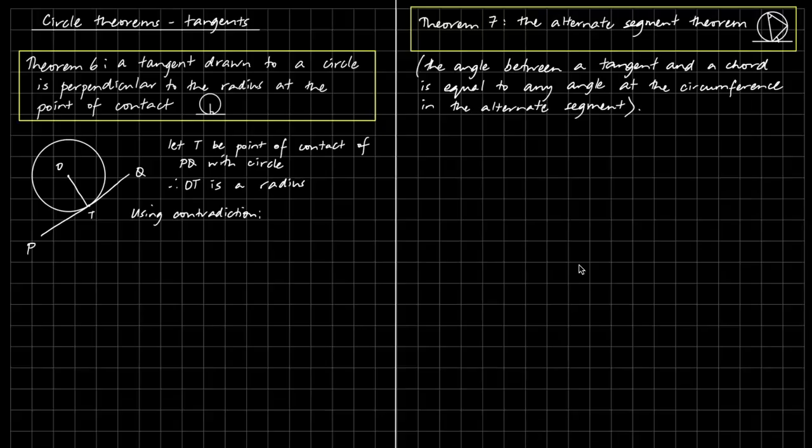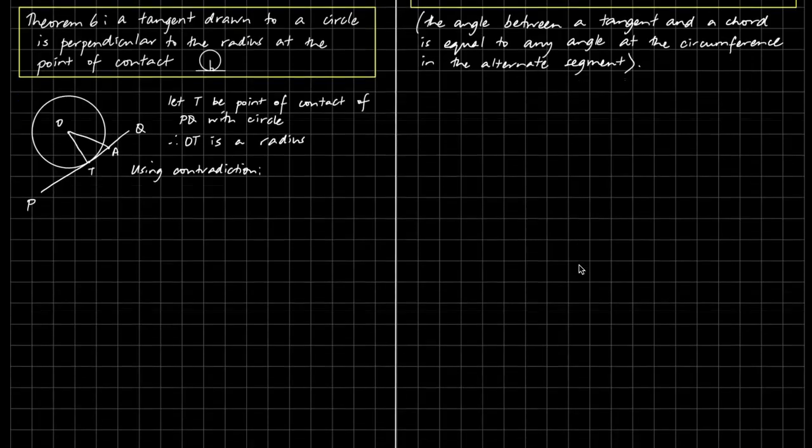And so what we're going to do is let's set up another point on here. We'll call that the point A, and we'll draw a line from O to A. And so let's start off by assuming that the line from O to A actually makes a right angle.